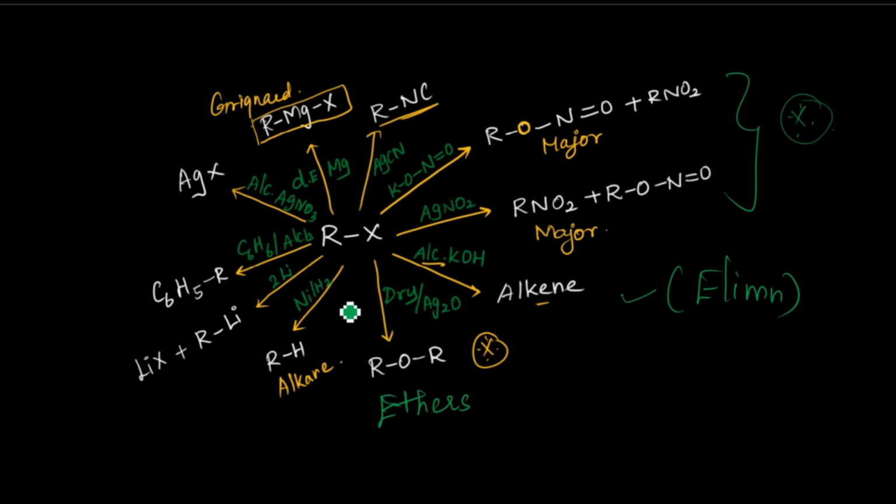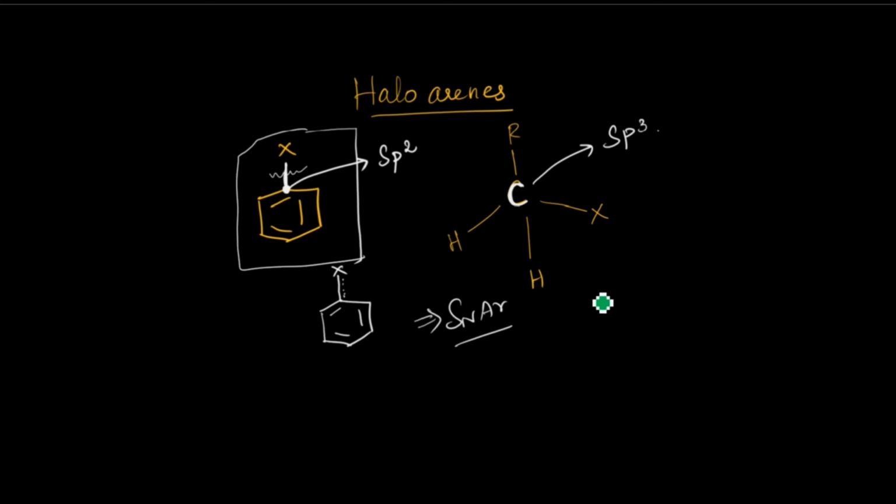With nickel and hydrogen, alkanes are formed. Then benzene with AlCl3: the R group is attached to the benzene ring, forming alkyl-substituted benzene. Then alcoholic AgNO3 forms AgX, and the remaining RNO2 will be formed.